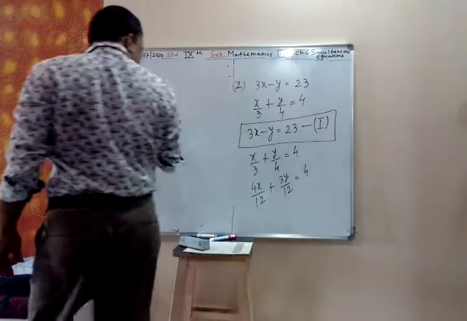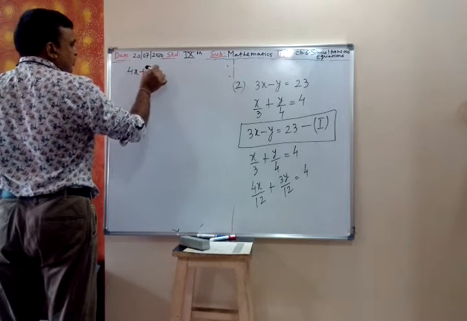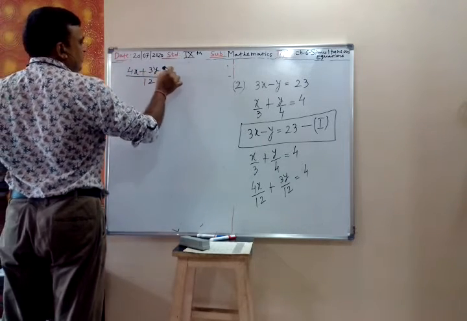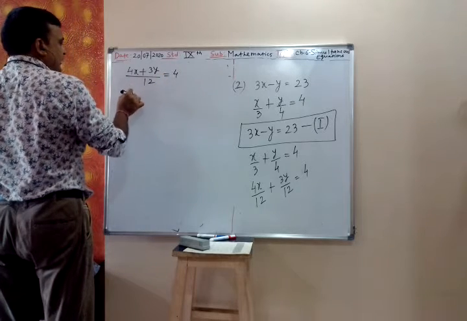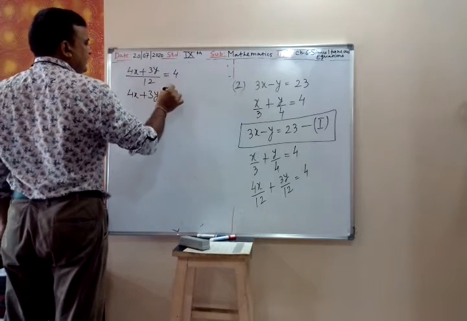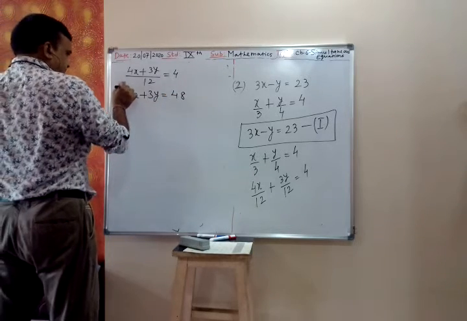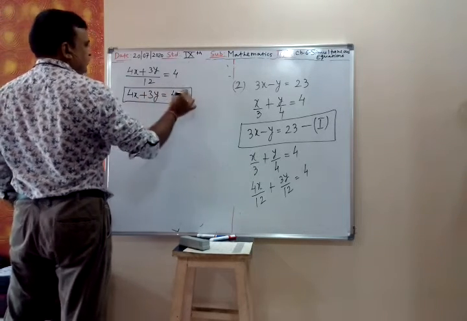So 4x plus 3y upon 12 is equal to 4. So you will get 4x plus 3y is equal to 48. 12 is multiplied, so I am writing directly. This is my equation number 2.